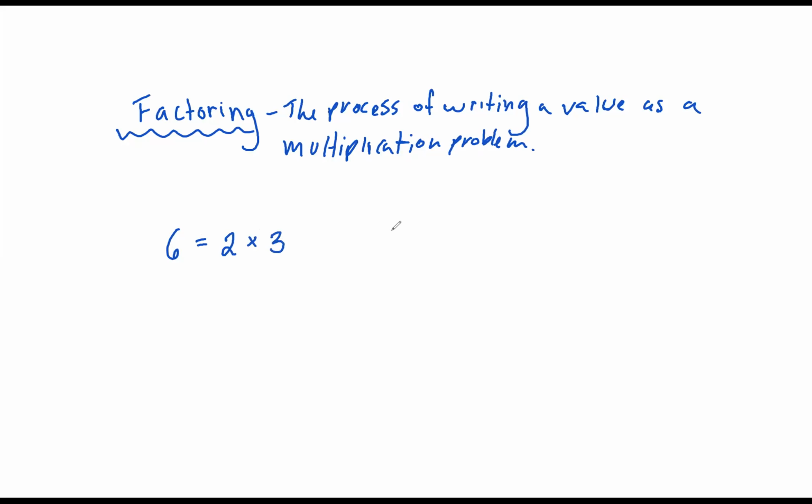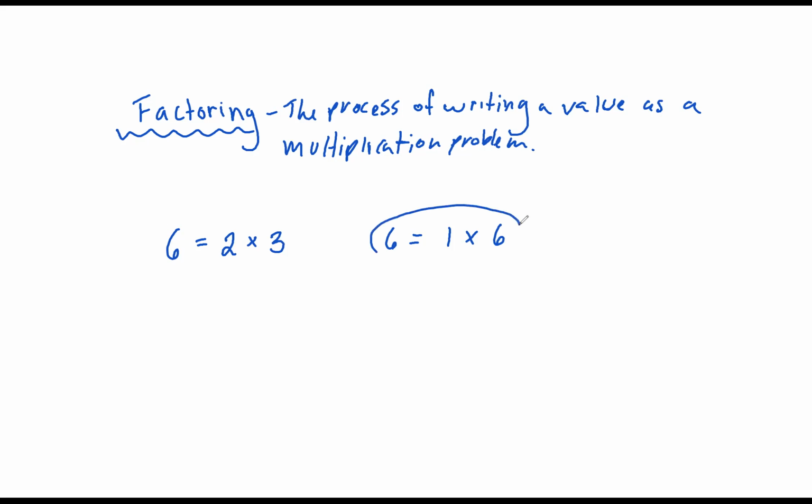Now I also can rewrite it as 1 times 6, right? You can always write a number as a multiplication problem by multiplying it by 1. But we're going to find out there are lots of different reasons why I want to factor. There are lots of different techniques that factoring will help us solve problems.